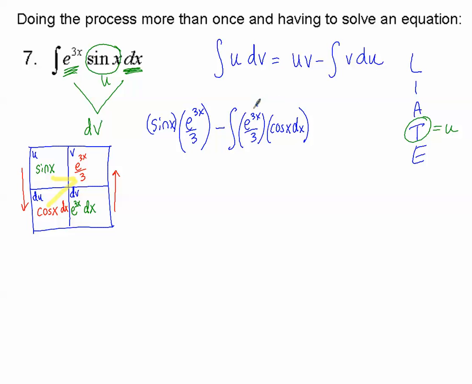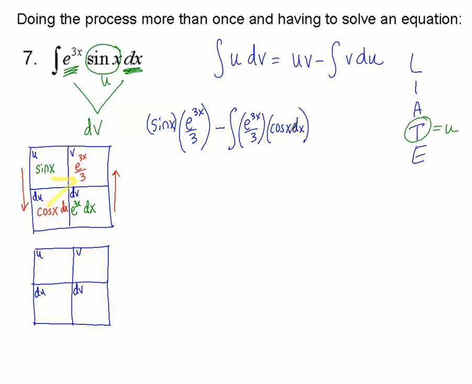Now, let's look at what we have here. Again, a product, e to the 3x over 3 times cosine x, and again, I cannot make it not a product. So we're going to do integration by parts again. Let's make another box and section off the quadrants, u, v, du, dv.